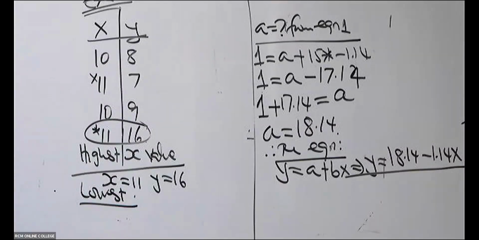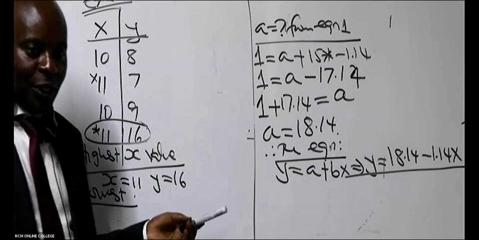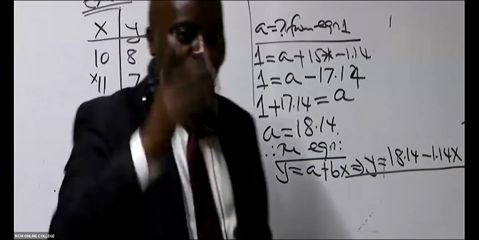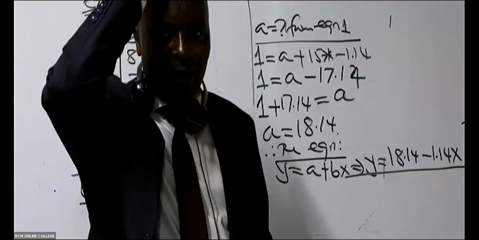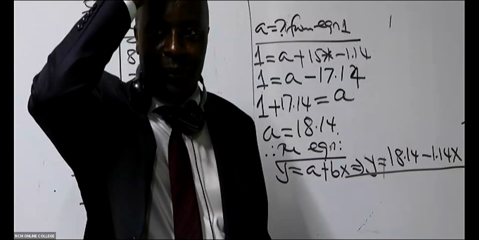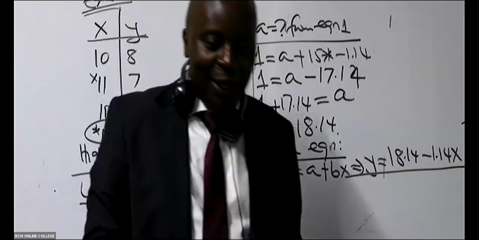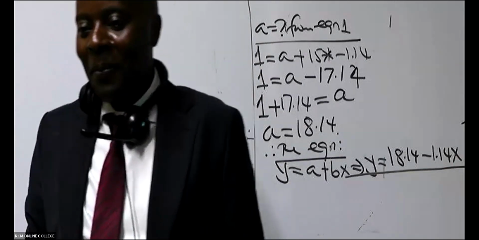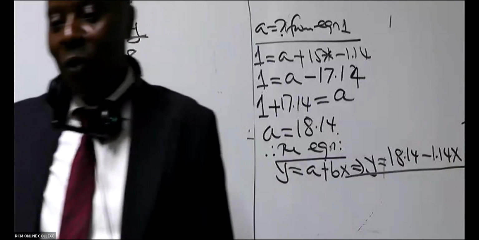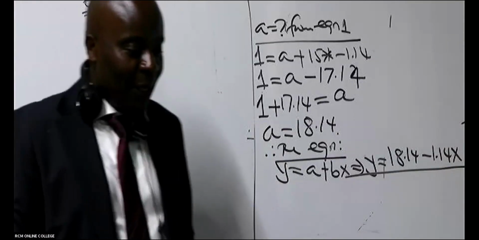But if you go to an exam and you realize you have gotten confused, you don't know which one to pick as the very highest, what will you do? Cry? Or walk out of the exam in your very first 30 minutes?